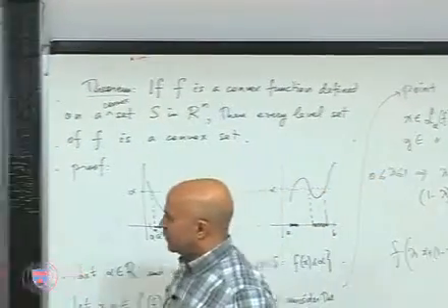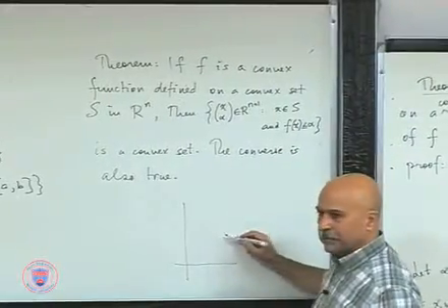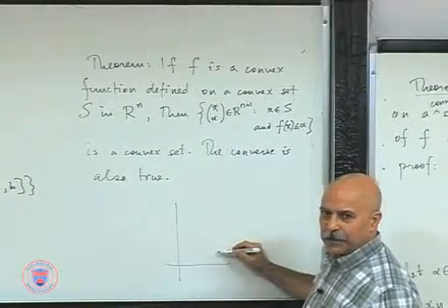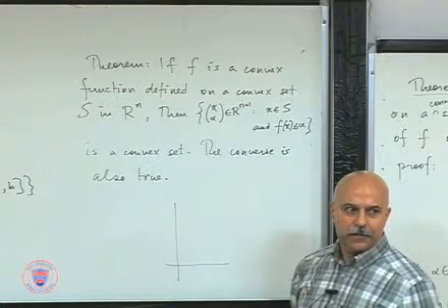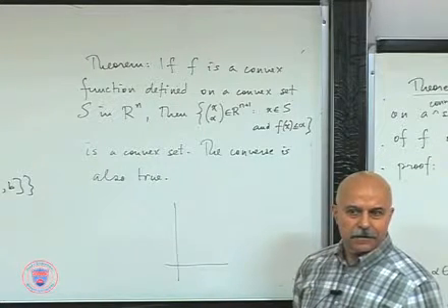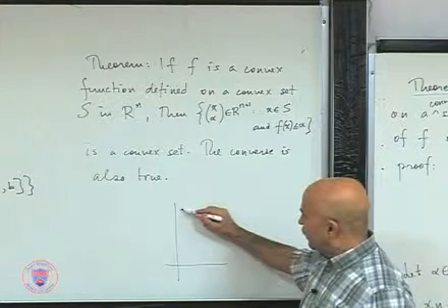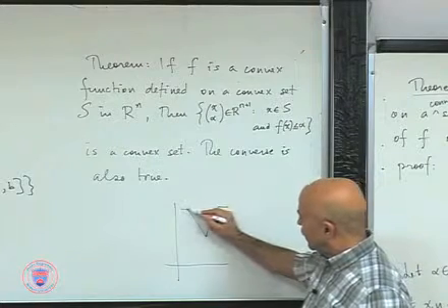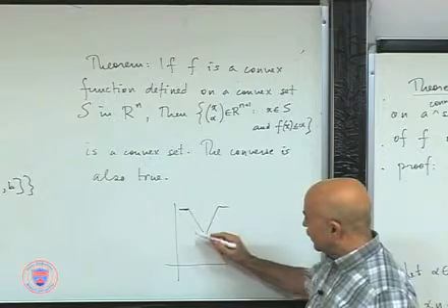Can you give me an example for the level set? The level set will be convex, but the function itself will not be convex. For example, is this function, in your judgment, well, what are the level sets?